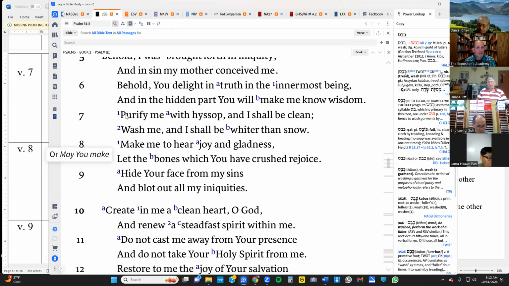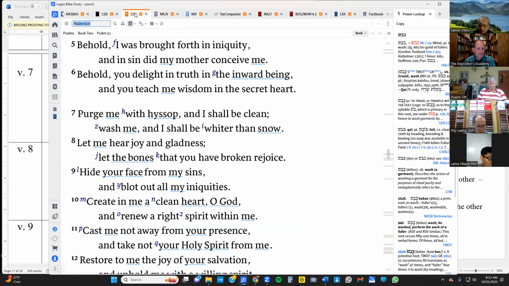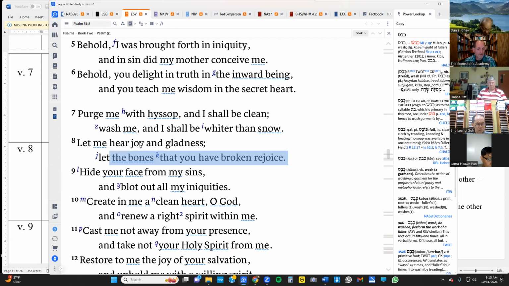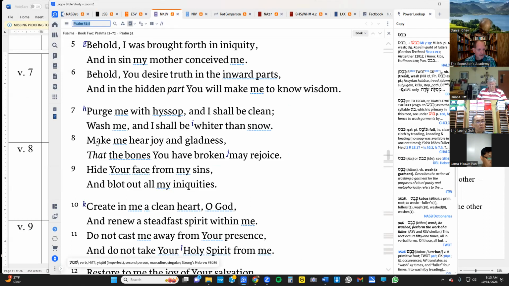Let's see what the ESV does. They just have, let me hear joy and gladness. Let the bones. So they also have a parallel idea. Synonymous, sorry. Let me hear. Let the bones. Look at the New King James. Make me hear joy and gladness. Notice they put, so that the bones you have broken may rejoice.